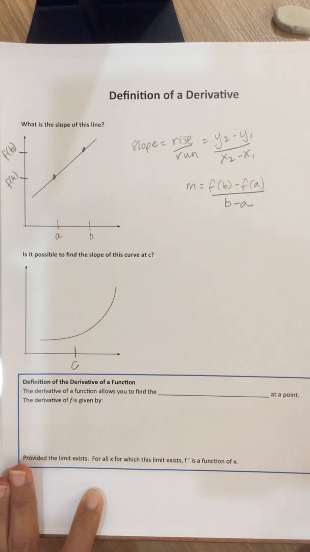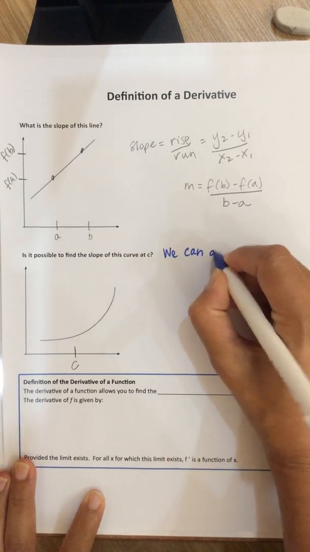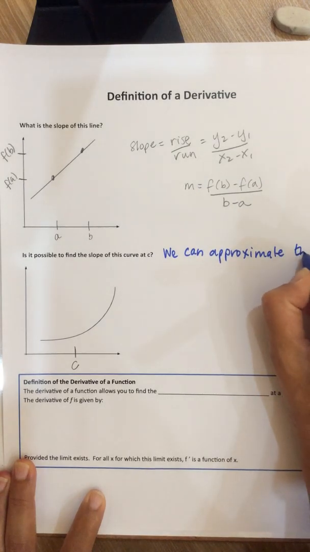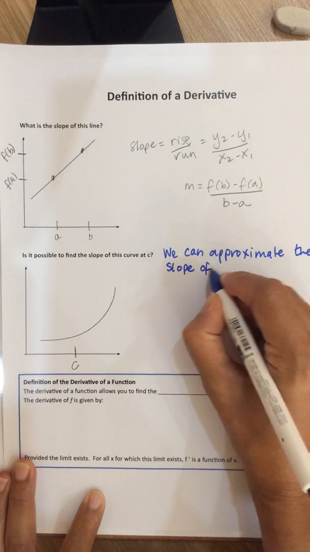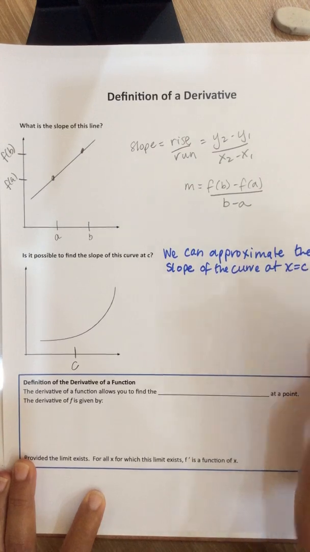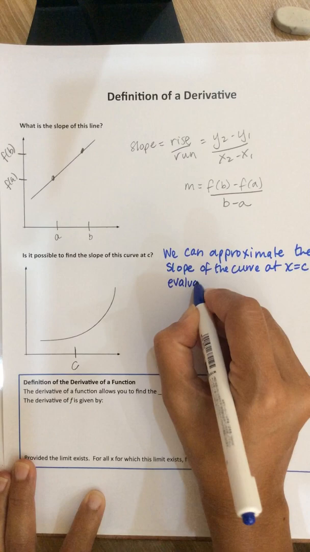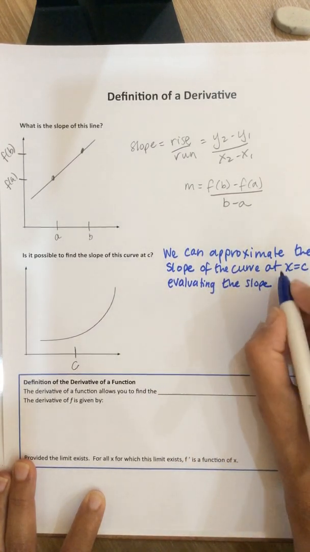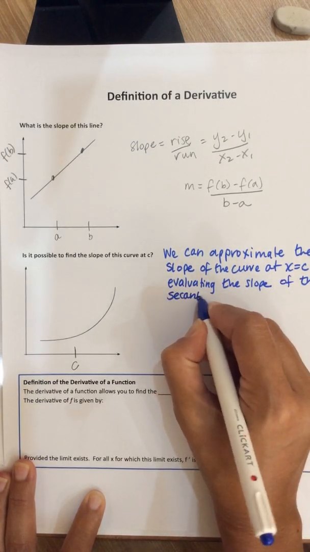Here's what we can do. We can approximate the slope of the curve at x equals c by evaluating the slope of the secant line.